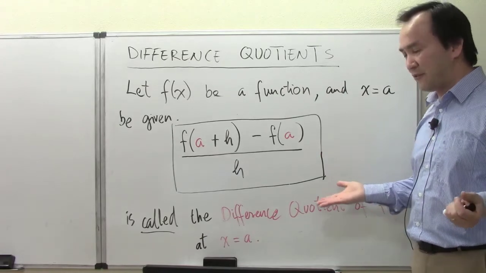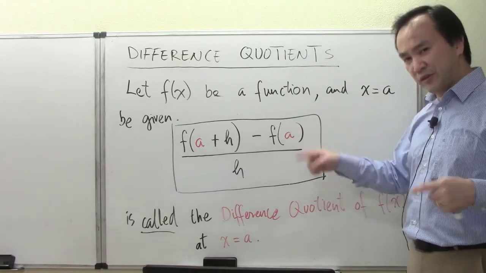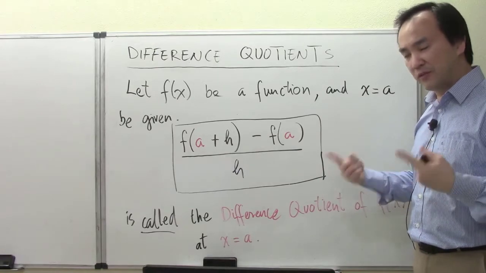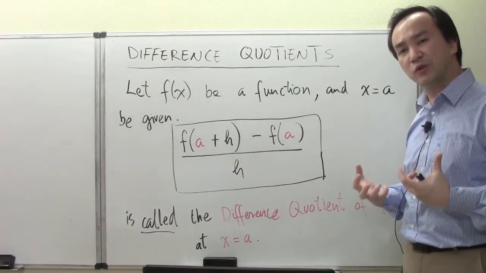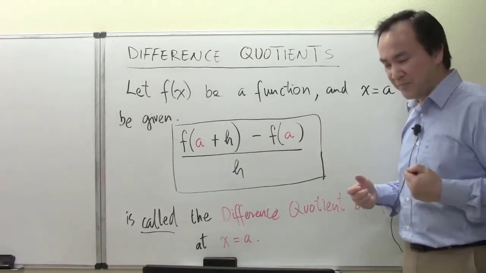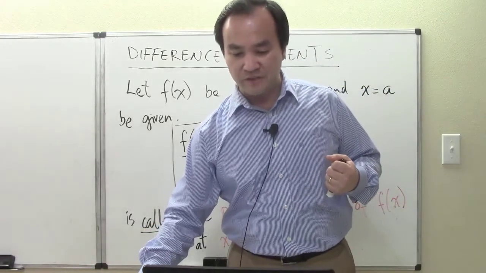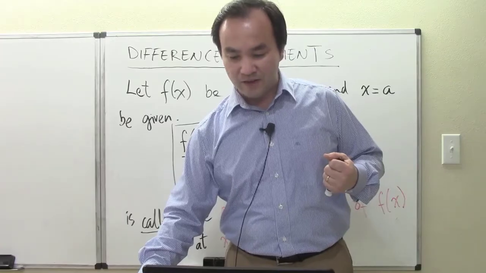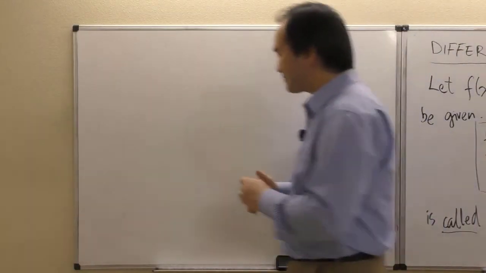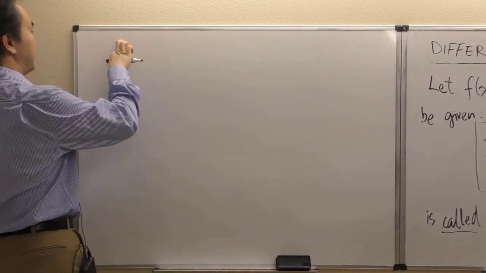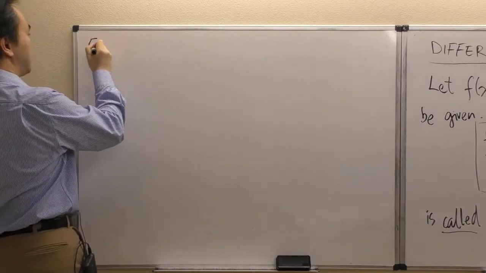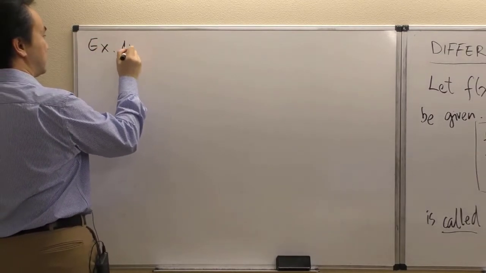In our first example, I am going to bring back some of your review skills of just how we can successfully set up a difference quotient. And from there we are going to be able to push it further. Here I'm going to name my example 1 for this lecture.